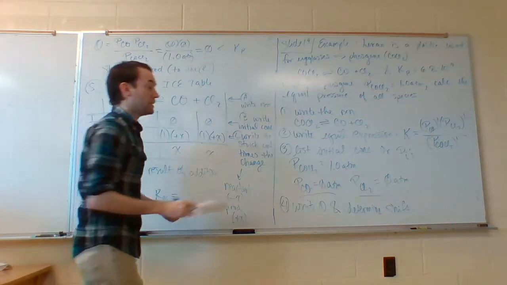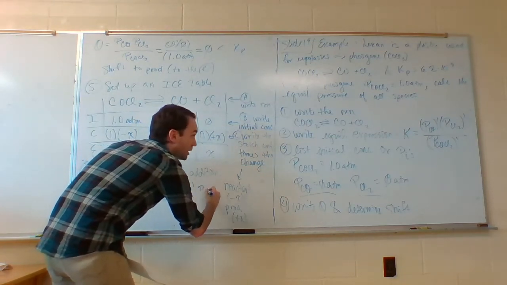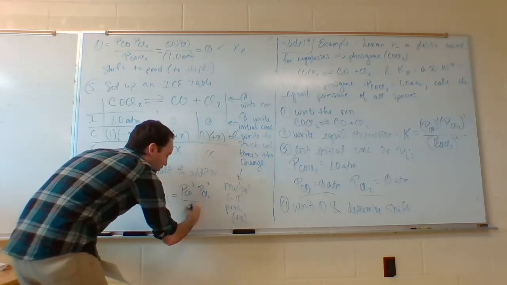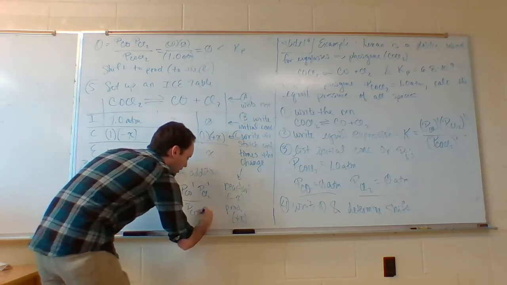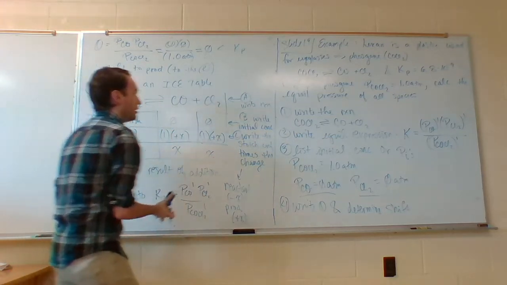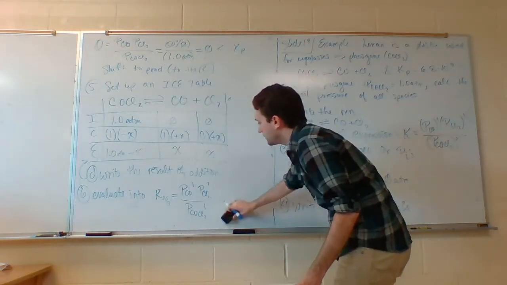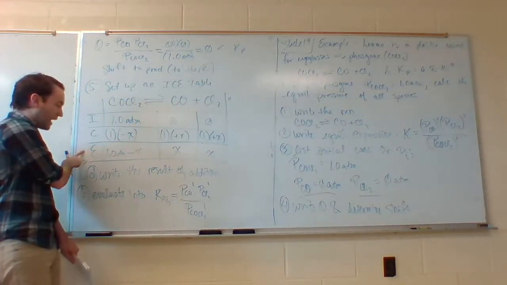So the very first thing, right, is going to be P of CO to the first, P of Cl2 to the first, all over P of COCl2 to the first. Okay? I'm going to erase this stuff on the side. You guys already have that in your notes. Okay? And now I'm going to plug in my equilibrium values.